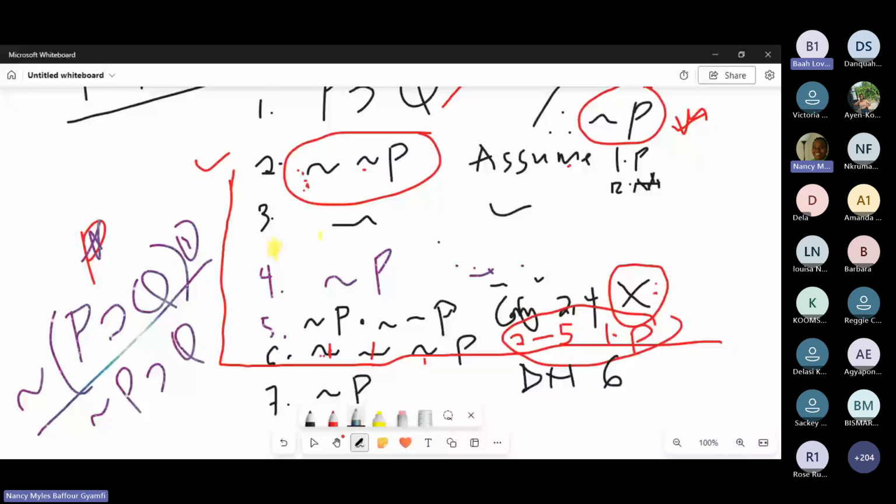And this example 2 is which one? Conditional. Very good. So this second one is a conditional whose antecedent is negated.